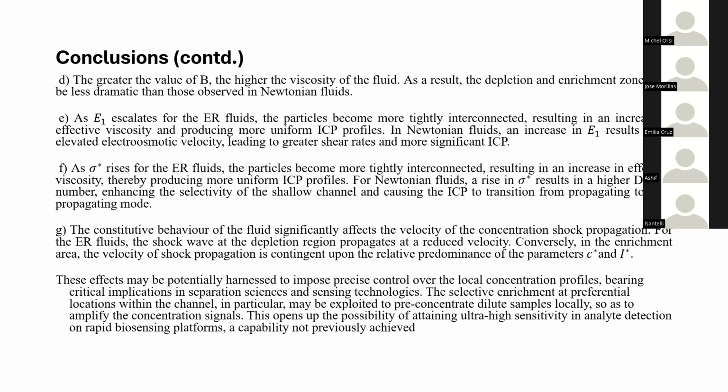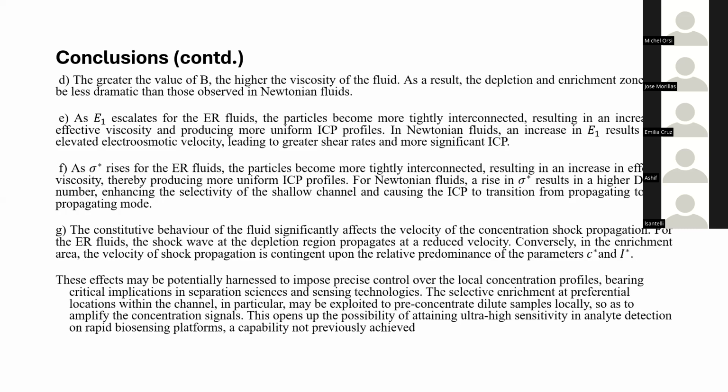In Newtonian fluids, an increase in electric field results in elevated electroosmotic velocity, leading to greater shear rates and more significant ICP. As sigma increases, the particles become more tightly interconnected, resulting in an increase in effective viscosity, thereby producing more uniform ICP profiles.